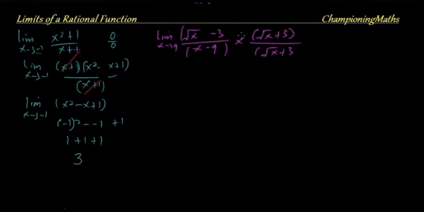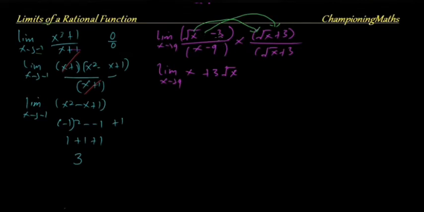Now, expanding this function, the limit as x approaches 9. When you multiply square root of x by square root of x, it gives us x. Now, when you multiply square root of x by 3, we'll be having plus 3 square root of x.